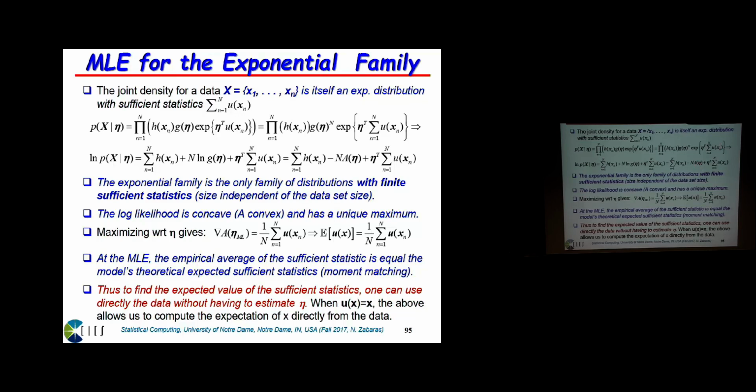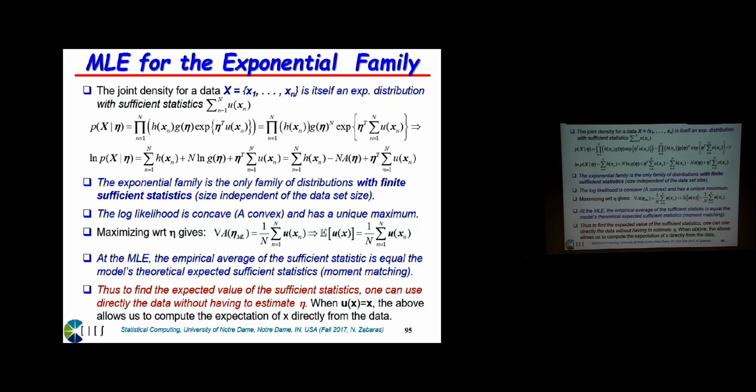And the other term, its derivative will give you the summation of the u of xn. So if I put all of this together, put the n on the other side, you get the following amazing result: the gradient of A calculated at the maximum likelihood estimate for the parameter theta is the sample mean of u, the sample mean of u.